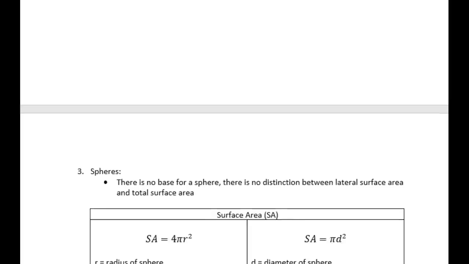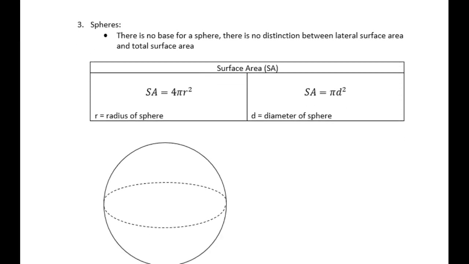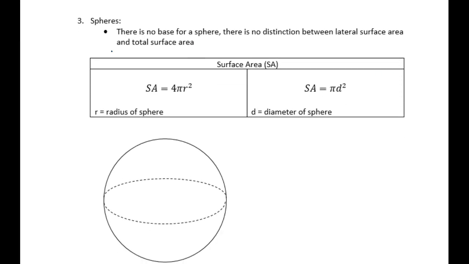Finally, the third shape we're going to look at is a sphere. There is no base for a sphere, and there's no distinction between lateral surface area and total surface area. It's just the surface area of the entire thing. There are two formulas associated with it. You can use your radius, so it's 4 pi r squared.